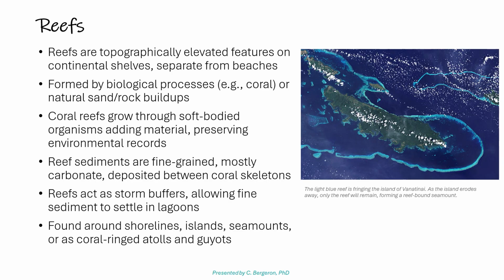Now, unlike the reef that you're probably thinking of, which are natural structures, you can also have man-made reefs, and these can form from structures that we leave behind in the ocean, be it a drilling rig or a sunken ship or something like that.